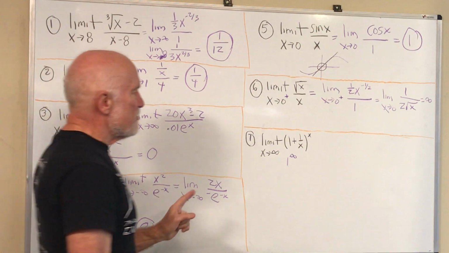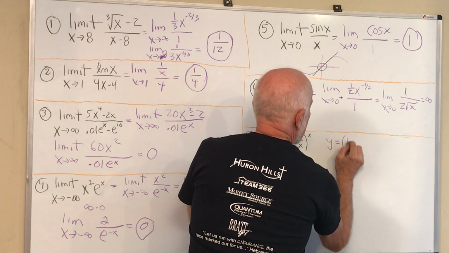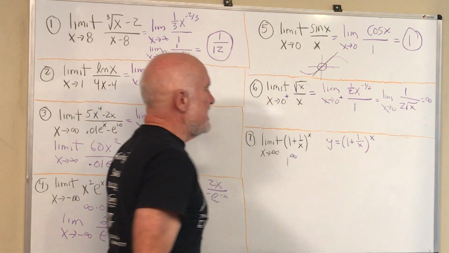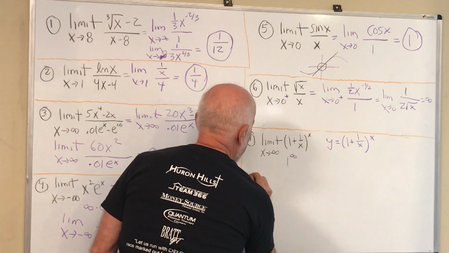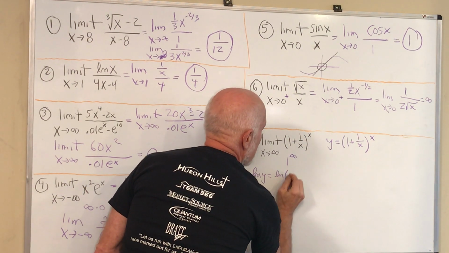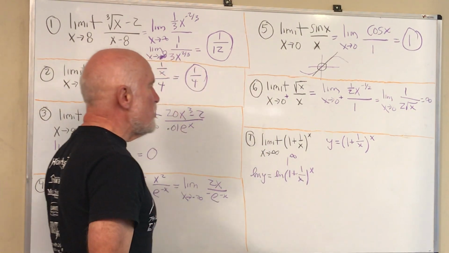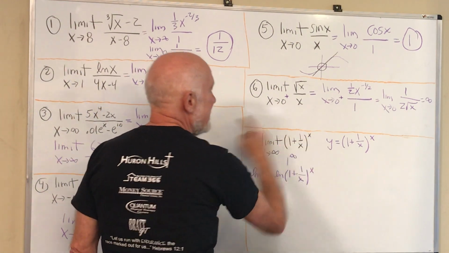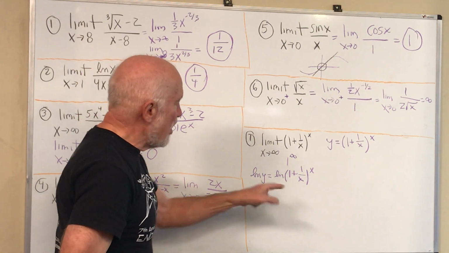Well, in order to do this problem, what you're going to have to do is let y equal that. But now we're going to take the natural log of both sides. And what we're going to do, instead of trying to find the limit as x approaches infinity of y, we're going to take the limit as x approaches infinity of the natural log of y.